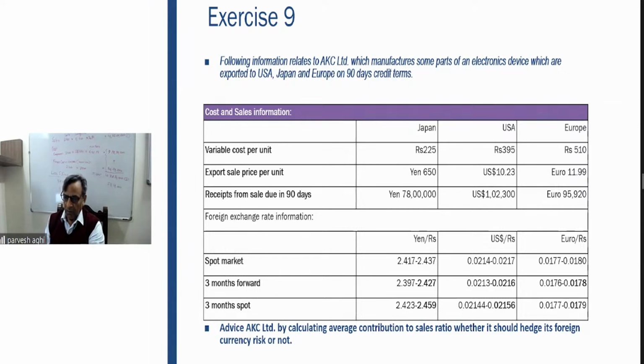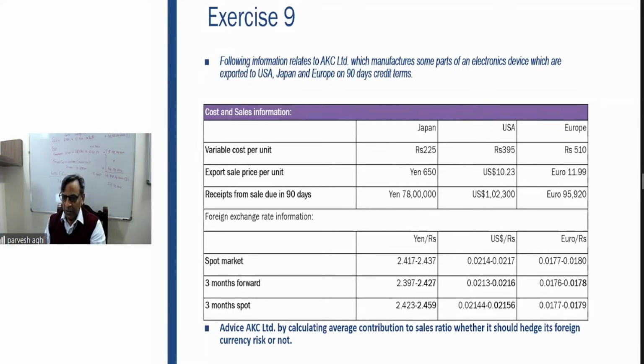Got it? So this is basically an indirect quote: 1 rupee is equal to so many yen. But we are going to get the money in yen, so we need to convert this into a yen quote in terms of rupees, because this is in terms of yen.